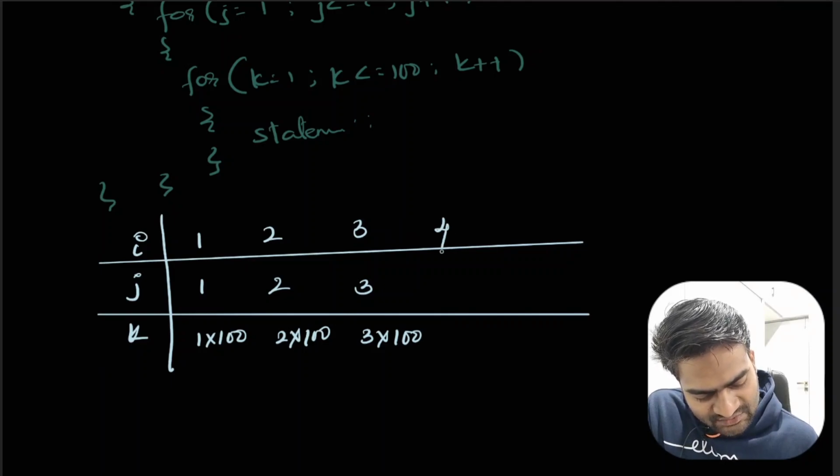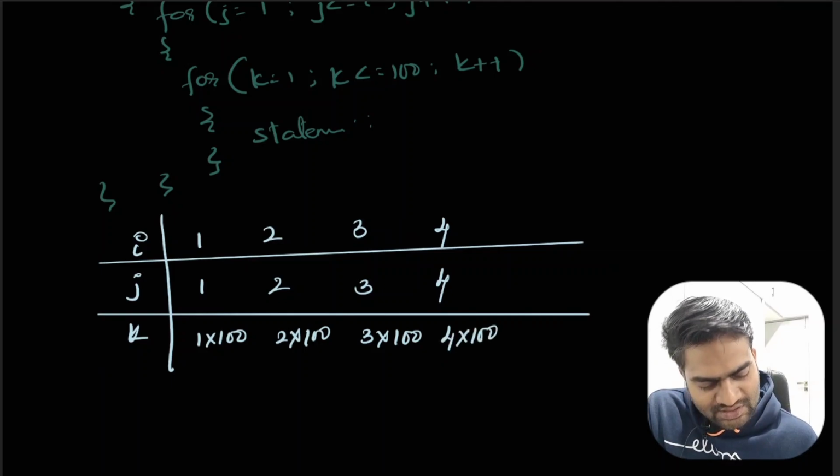When our i is 4, j executes for 4 times and our k executes for 4 into 100 times, and so on. When our i reaches n, our j also runs for n times and our k runs for n into 100 times.